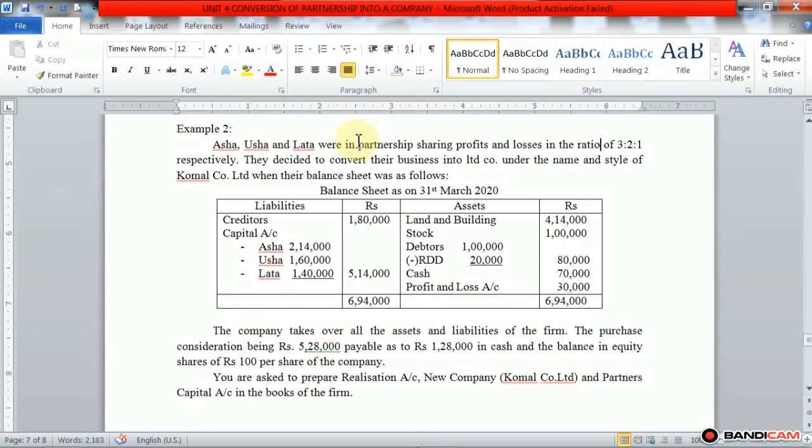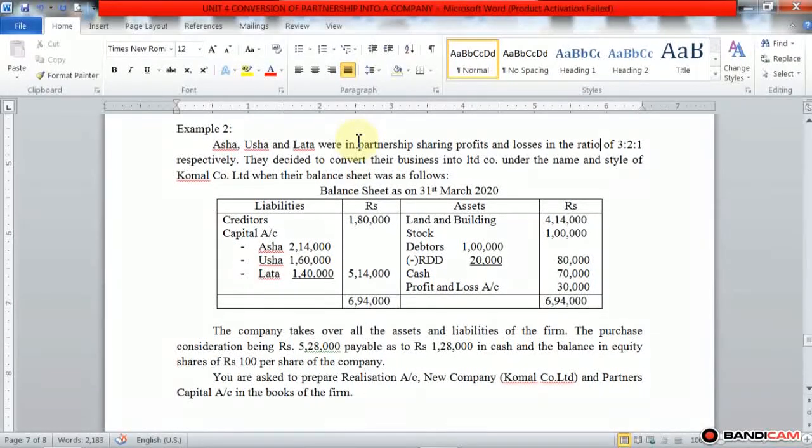Example number second: Asha, Usha and Lata were in partnership sharing profits and losses in the ratio of 3:2:1 respectively. They decided to convert their business into a limited company under the name and style of Komal Company Limited. Their balance sheet was as follows.